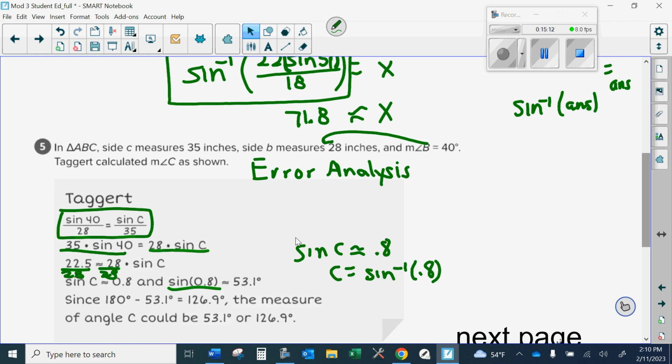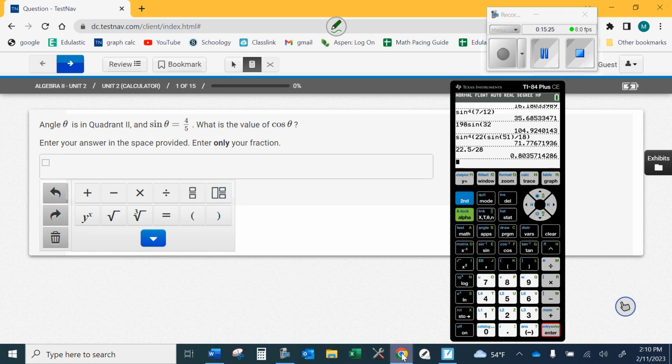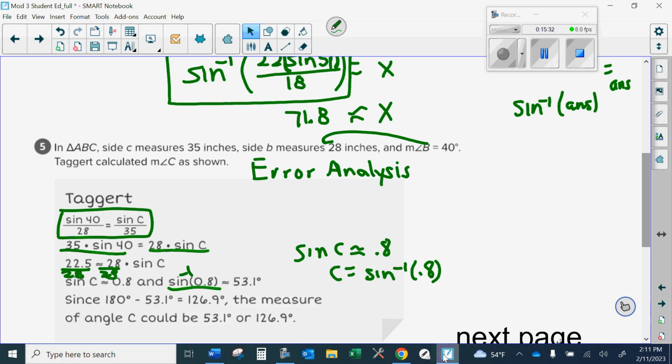It should have been inverse sine of 0.8. In fact, sine of 0.8 would not even give you 53.1, so that could be an error even in the problem right there, because sine of 0.8 probably is 53. So inverse sine of 0.8. Let's try it. Inverse sine of 0.8. 53, yes. Okay, so there's even an error. I found their error already.